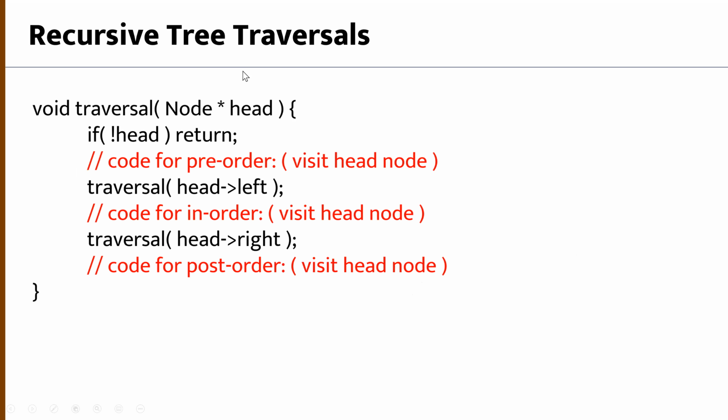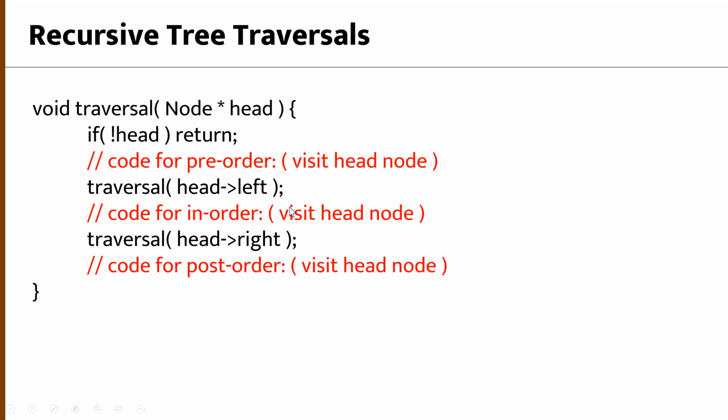And so for the recursive tree traversals, what you'll want to do is, these are your recursive calls to traverse the left subtree, and then your recursive call to traverse the right subtree. And depending on what traversal you want to do is where you'll actually visit the head node. So if you're doing pre-order, once again, you want to visit that parent before you visit the children.